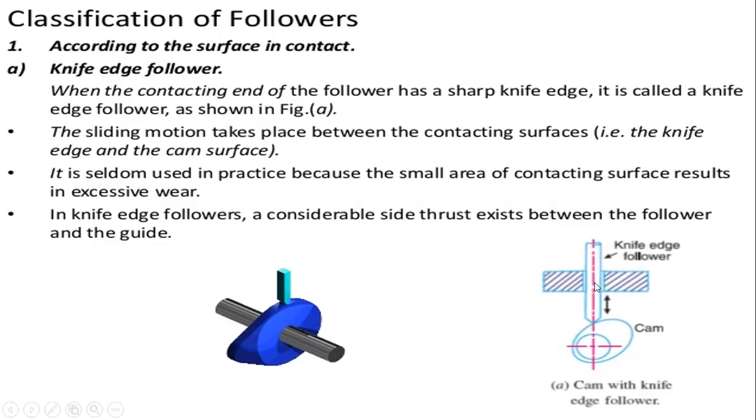The follower is moving in the vertical direction, which is along the axis of the cam, and there is a side thrust on both the guideways in which the follower is moving. So that is the first type of follower, the knife edge follower.